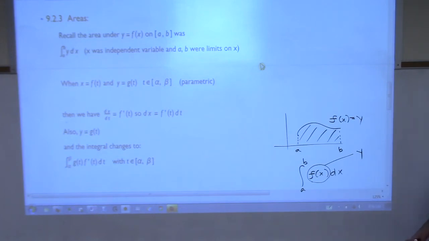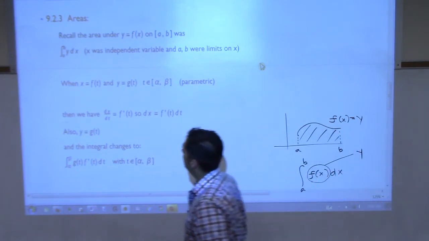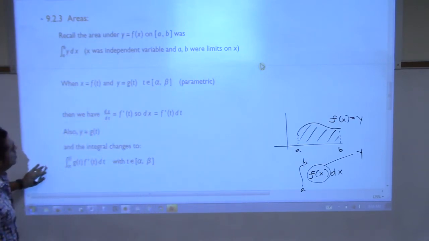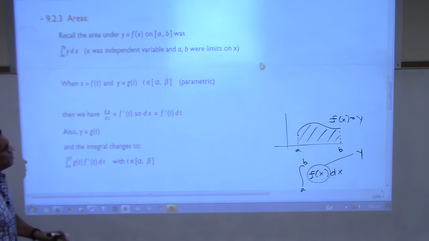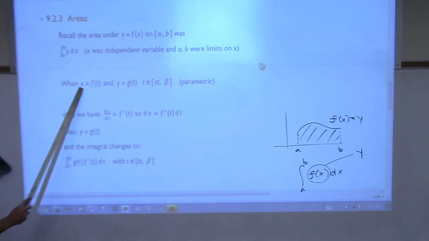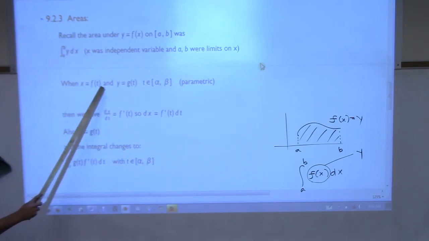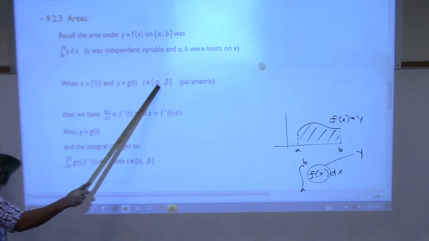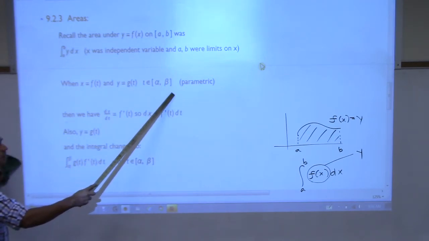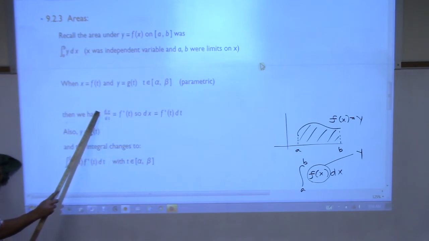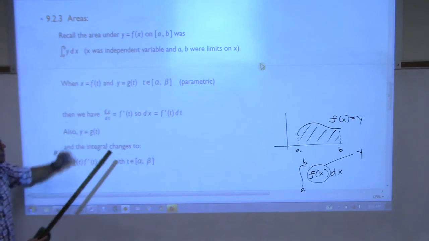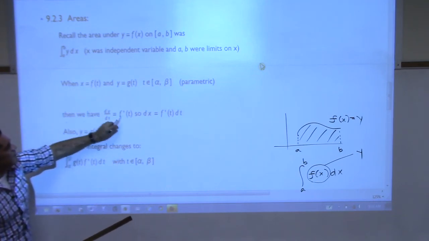And dx, here's how I'm going to figure out what dx is. If I switch to parametric, my x is some function of t, my y is some function of t, and my t is in some interval alpha to beta, right? If I take the derivative of x with respect to t, that's just f prime of t.